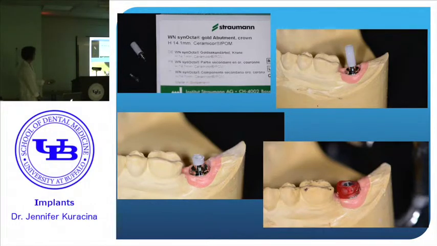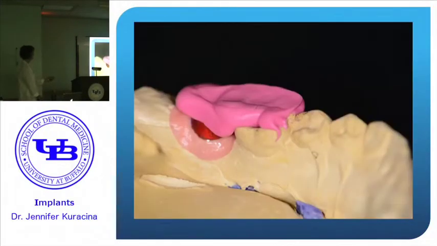You would cut it down, and it's not a bad idea to either do this yourself or have the laboratory start to make a pattern for you and then go back and try it and make sure your working cast is accurate. There have been a number of circumstances over the last year where there have been some issues with that. One thing you can do is try that in the mouth and make a little jig out of bite registration material, and then if this fits back onto your cast like this, you have an accurate cast to work from.